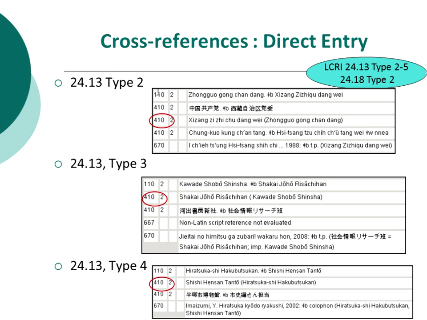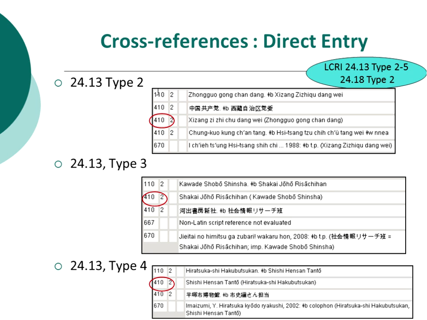Now let's look at some examples to see how these rules actually apply. Let's say we have a 24.13 non-government body type 2 subordinate entry. Now one criterion has been met. The other criterion that needs to be met in order to provide a direct entry cross-reference is that the parent body is not part of the name.